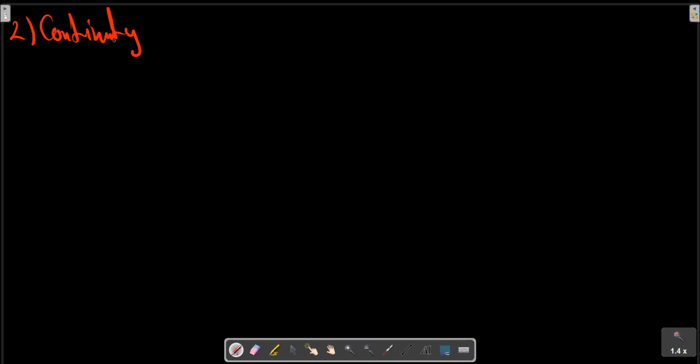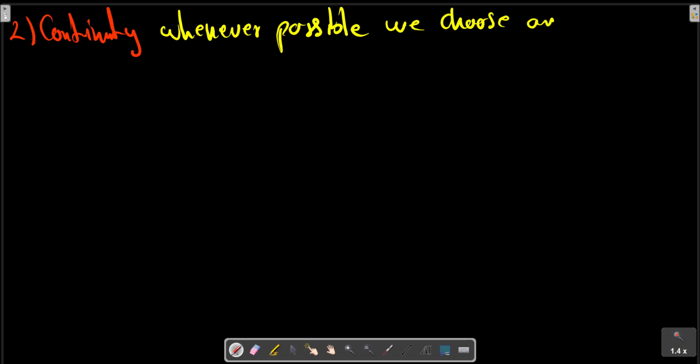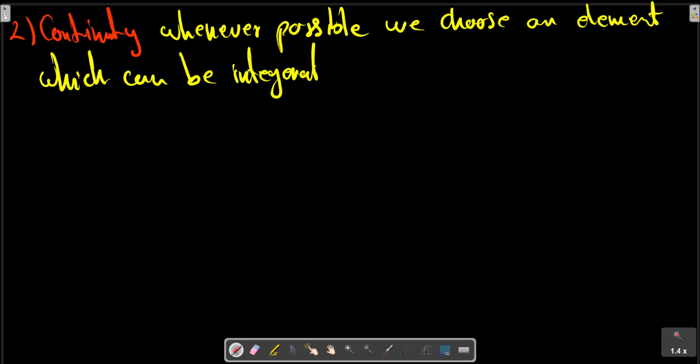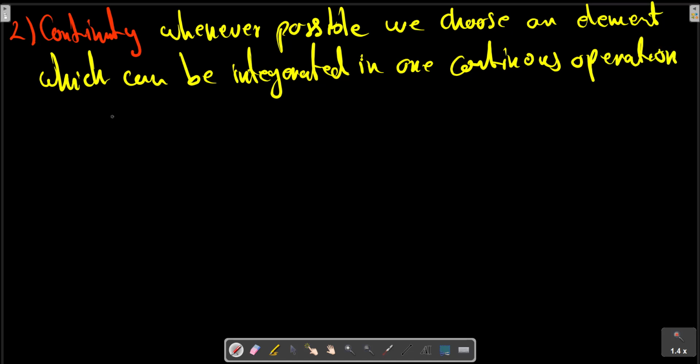Whenever possible, we choose an element which can be integrated in one continuous operation to cover the figure.